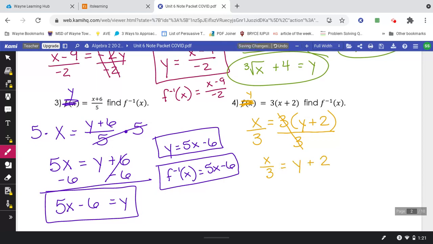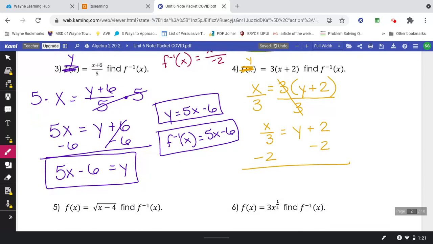If you know the very last step, go ahead and try it. The last step is to subtract 2 from both sides. Now this x over 3 is a division problem, so you're not actually going to be able to combine the 2 with anything. You'll just be able to bring it down. As long as y is by itself, you can stop working the problem.